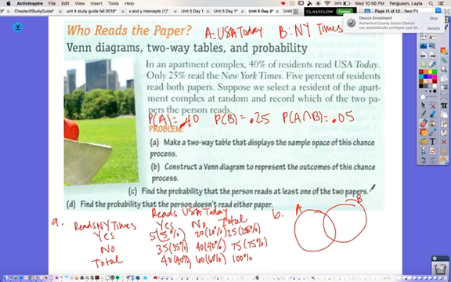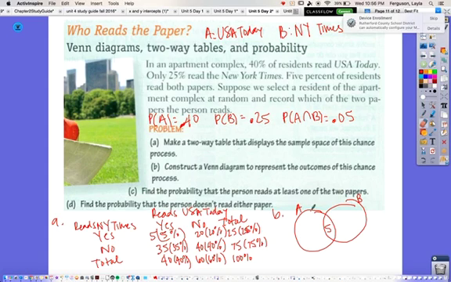And for the second circle, we'll let it be B, which is the New York Times. In the middle, I know that I'm going to have 5, because that represents A and B. So the middle is where A and B overlap.